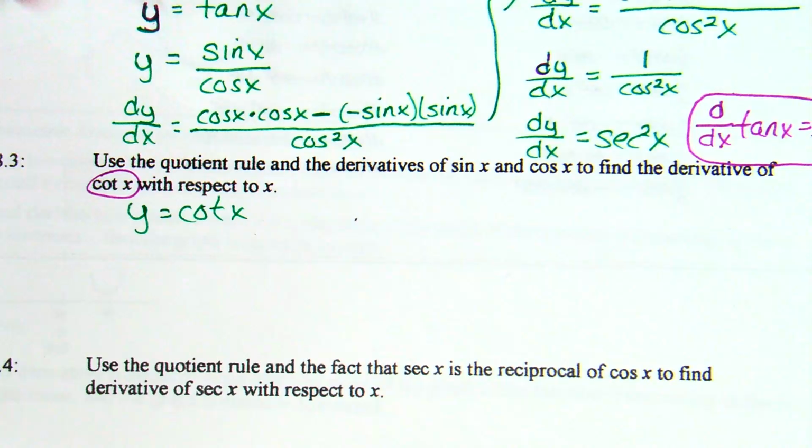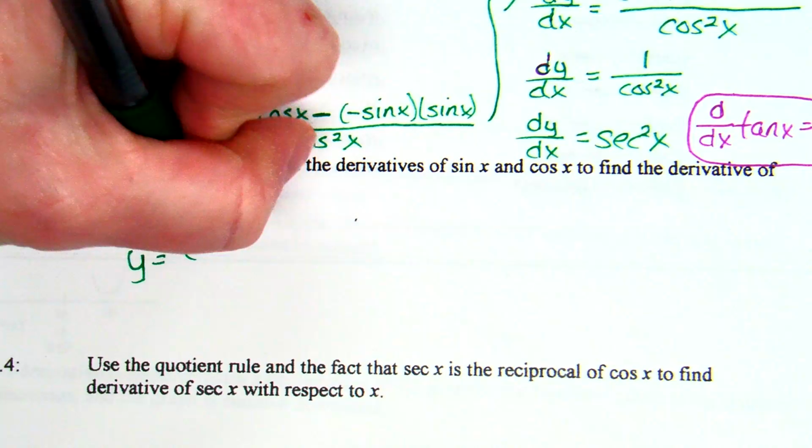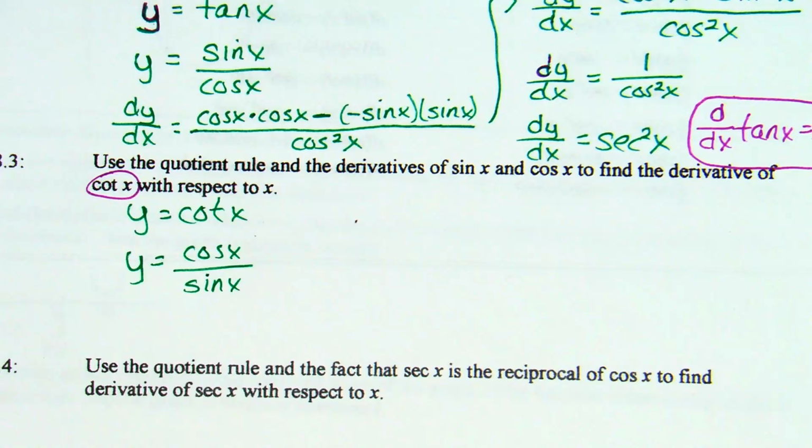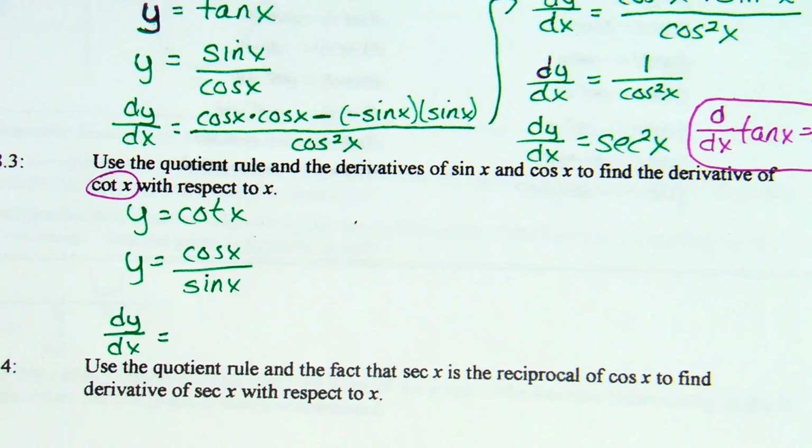An equivalent statement is that y is cosine x over sine x. We ready to take the derivative? So derivative of y with respect to x, dy dx. This is a fraction, so again, we are using the quotient rule.